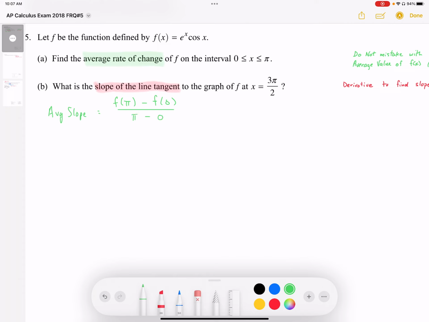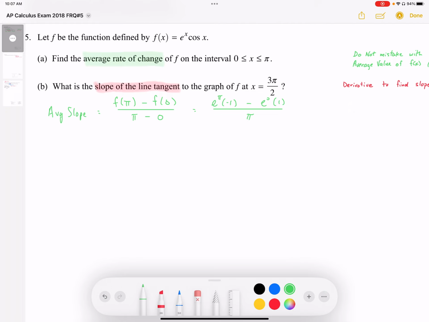So we're just calculating the slope between those 2 points. F of pi, when I plug pi in, I end up with e to the pi. The cosine of pi is -1, minus f of 0, because e to the 0, the cosine of 0 is +1. And the run is going to end up being pi.